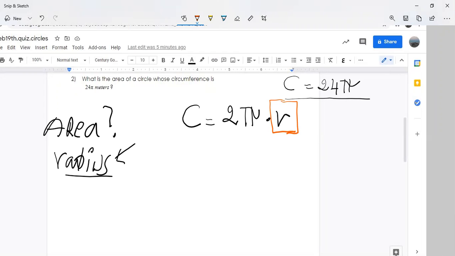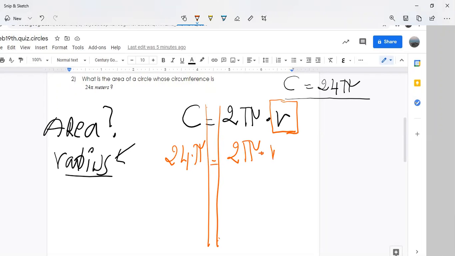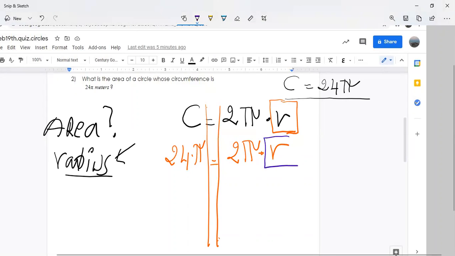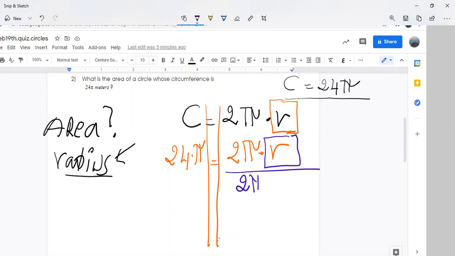So we're going to solve the same equation just like on question 1. They say C in this case is 24 pi. Pi is just a number. Is equal, and the equation for circumference is 2 pi r. Again, we're going to isolate the r. All we have to do is divide both sides by, again, 2 pi.